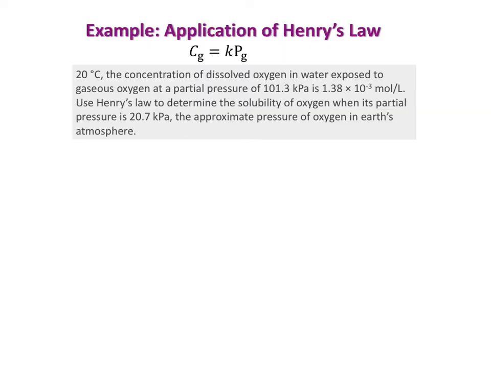In this problem, we are applying Henry's law. It's supposed to say: at 20 degrees C, the concentration of dissolved oxygen in water exposed to gaseous oxygen. Let's say we're in a closed container, and there's water, and there's oxygen dissolved in here, but it has gaseous oxygen floating around.